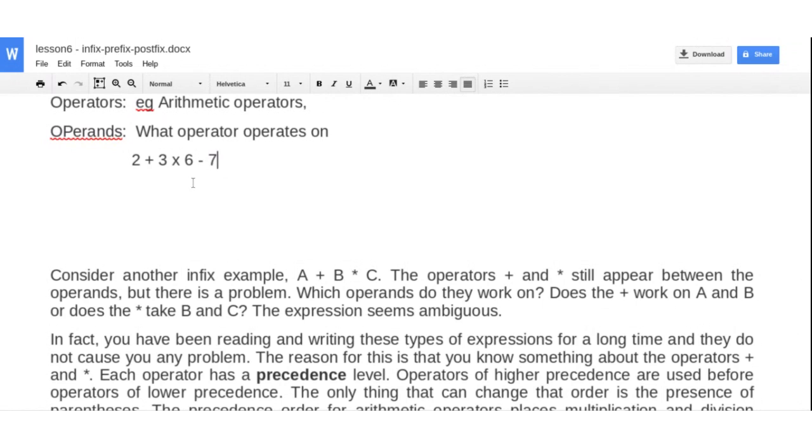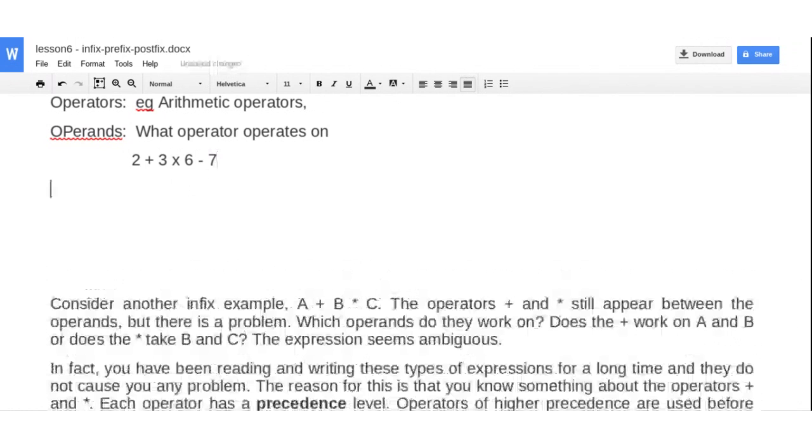The operators have what we call precedence. They have precedence levels. They have some kind of a precedence, which tells us which operator takes priority.